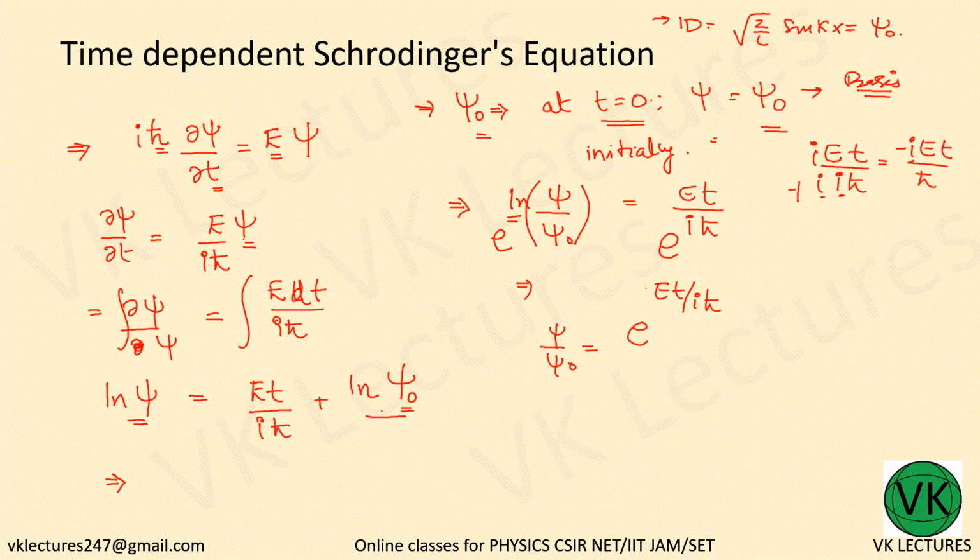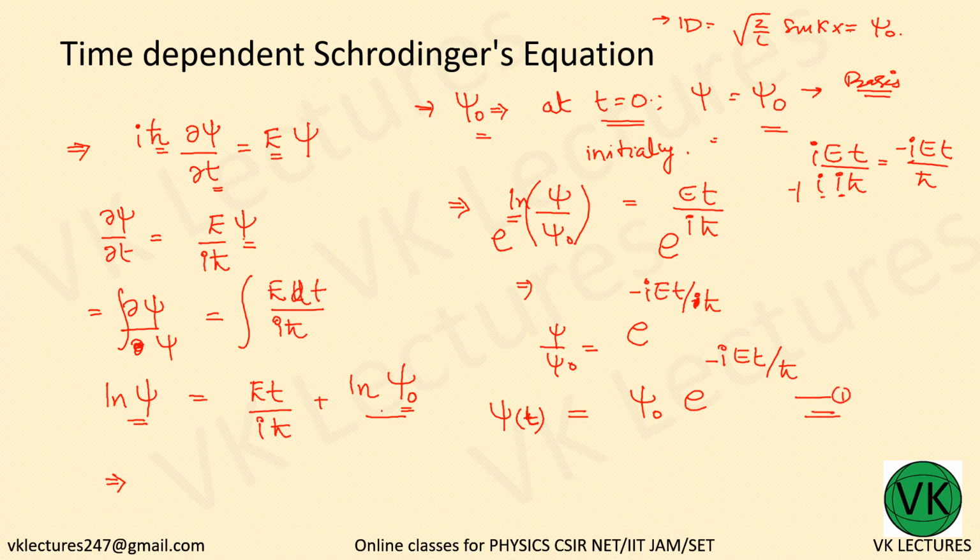Now the wave function at some time, as a function of time, just to indicate it is a function of time I am writing t: ψ(t) = ψ naught, the initial wave function, e to the power minus iEt divided by ħ. So this is it.